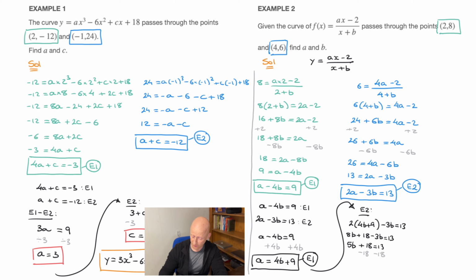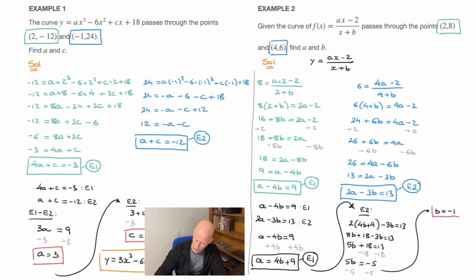And so we're left with 5b plus 18 minus 18, which is just 5b, which equals 13 minus 18, which is negative 5. Finally, we have 5b, or 5 times b, which equals negative 5. And so dividing both sides of this equation by 5, we quickly find that b is equal to negative 5 divided by 5, which is negative 1.